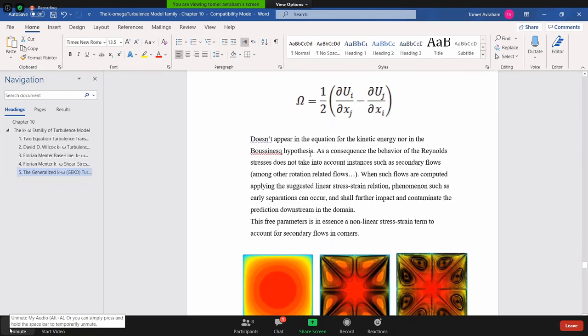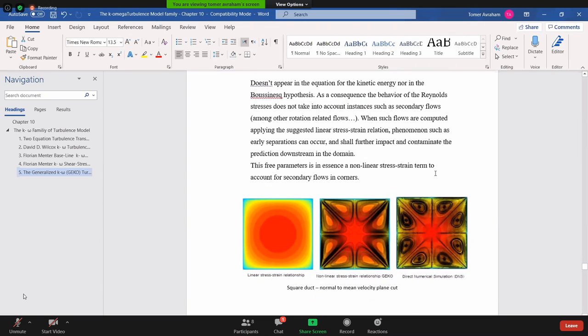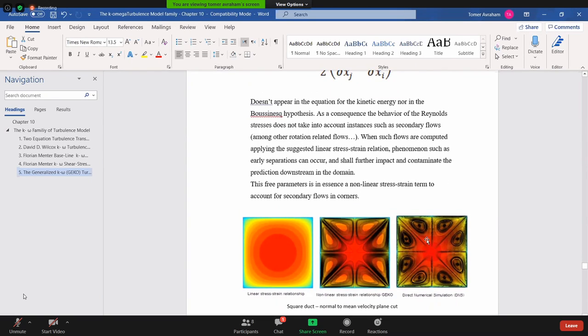That's a problem exactly in those cases you were talking about. Here you see a square duct. Here you see a DNS, a direct numerical simulation. Of course, it's correct. Assume that. Here you see what a linear stress-strain relationship would do, which means absolutely wrong results.